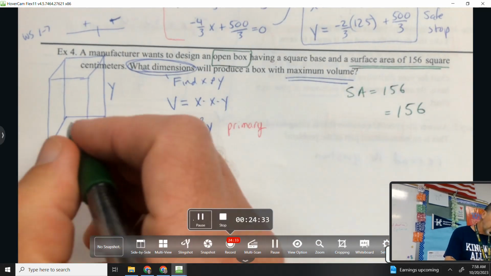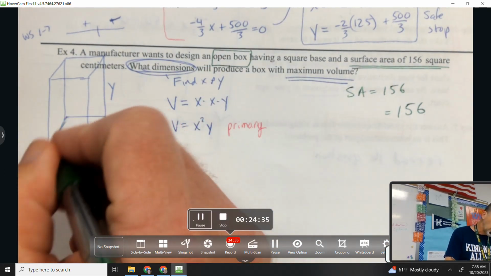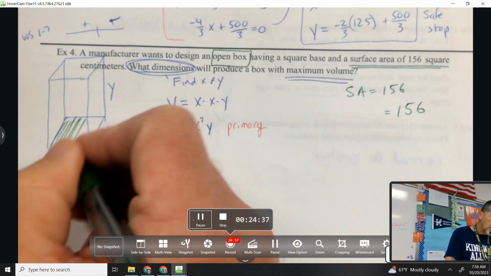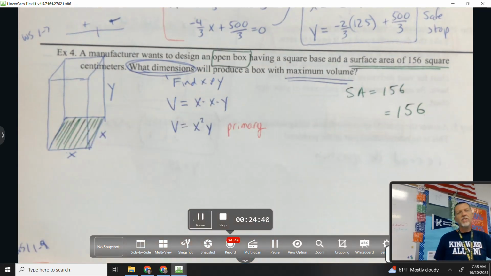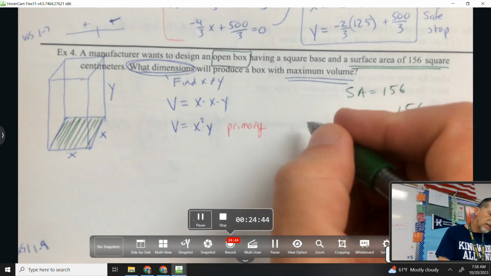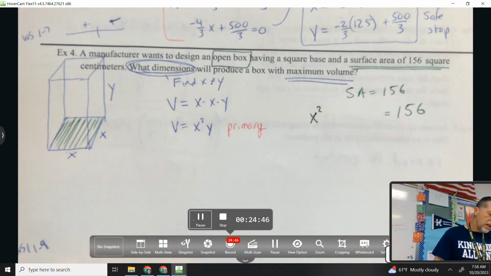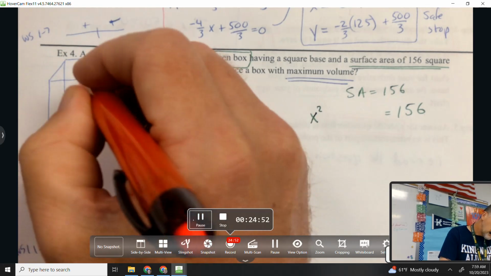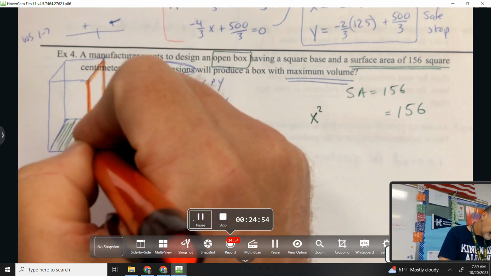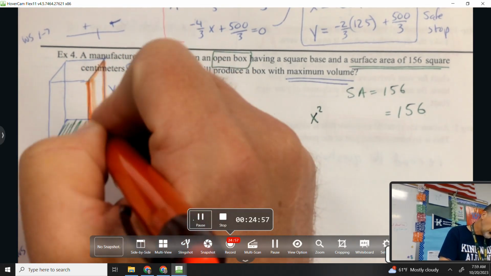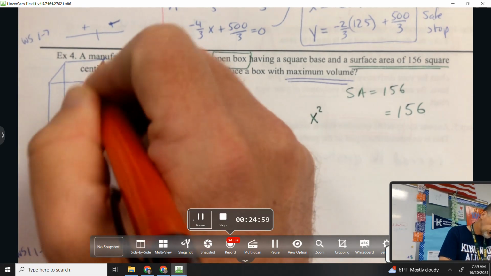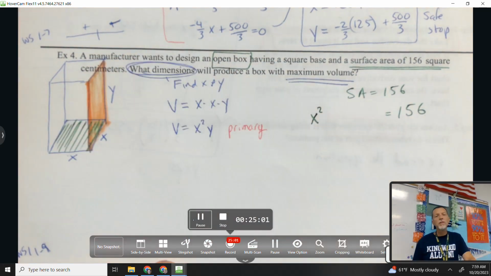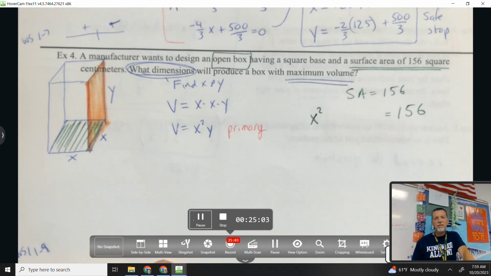So let's see if we can visualize all the surfaces here. Start with the bottom. What's the area of that surface? x squared. And then the other four are all the same. What's the area of one of those panels on the side of the box? xy.